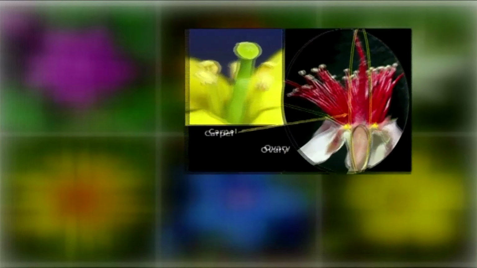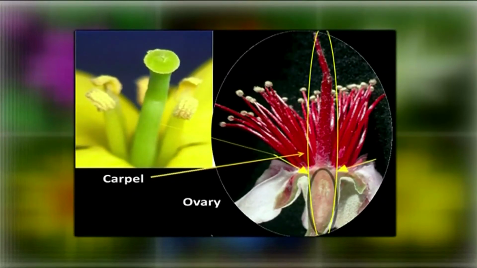More commonly, gynoecium refers to the ovule producing part of a flower. The gynoecium is typically the innermost whorl of structures in a flower and is surrounded in perfect flowers by the androecium and in incomplete flowers by the perianth.